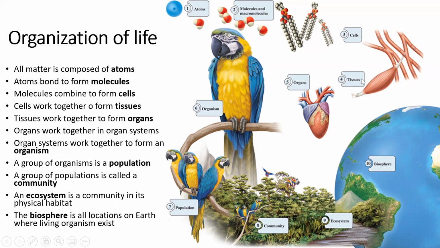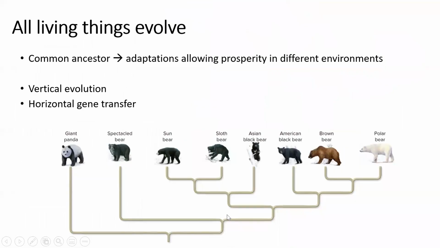We're going to be focusing in Bio 181 up to here, onto the organism, but then actually through a cell. We'll talk a little bit about this. But then in 182, we're going to pick up here and talk about the relation of organisms with the ecosystem and the biosphere. All right. So as I stated earlier, all living things will evolve.